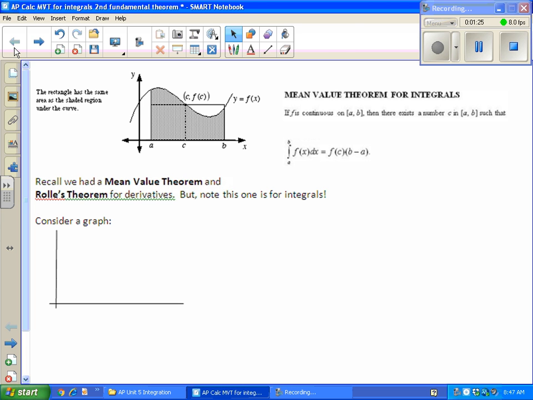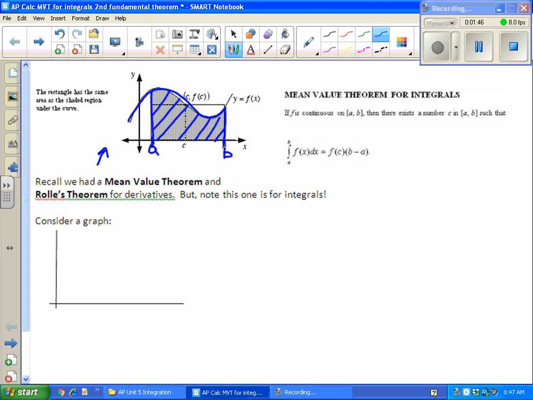So in the diagram here at the top of the page, notice that we have a curve. The curve goes up, the curve goes down, and we've marked off from a to b. This area that we've marked off from a to b has a curved surface. There are no geometric equations that are going to be able to give it to us.